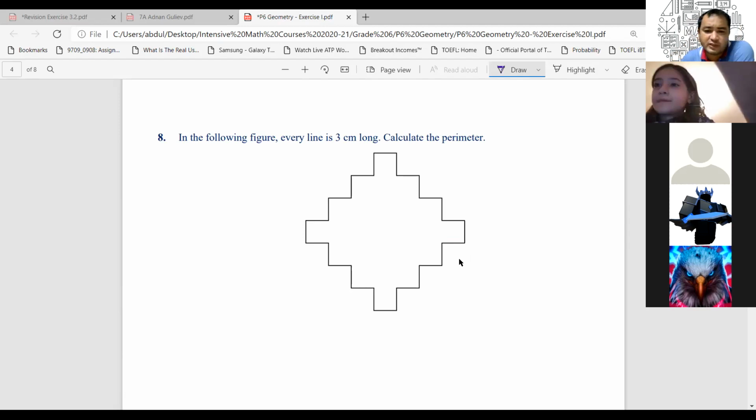How do you solve this? As you see here, it is a symmetric figure, right? If I just cut from here and also cut from here, I can find this one part and multiply by 4 because they are symmetric.